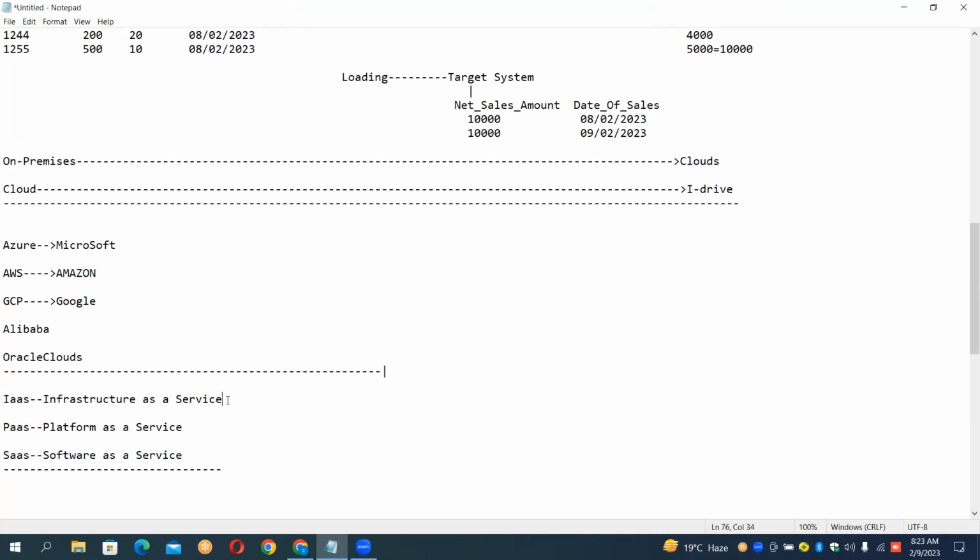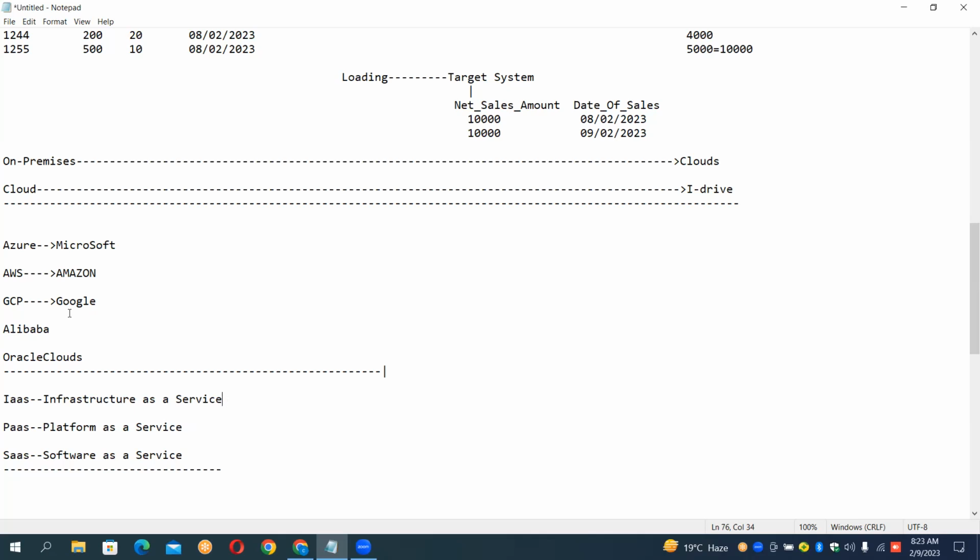tell me, all of you, infrastructure as a service is nothing but providing the infrastructure as a service. That means the storage. You want to store the data.